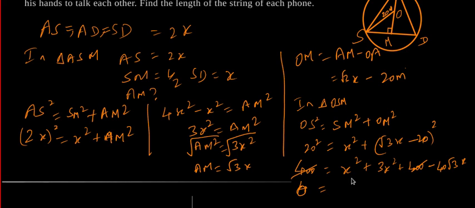So 0 equal to x square plus 3x square, which is 4x square, minus 40 root 3 x.